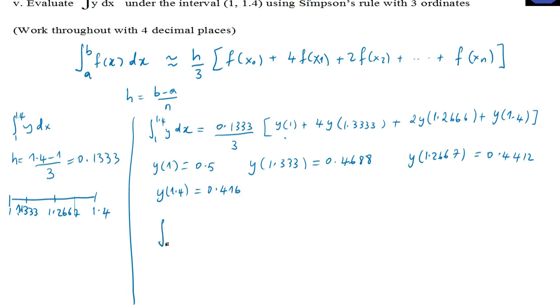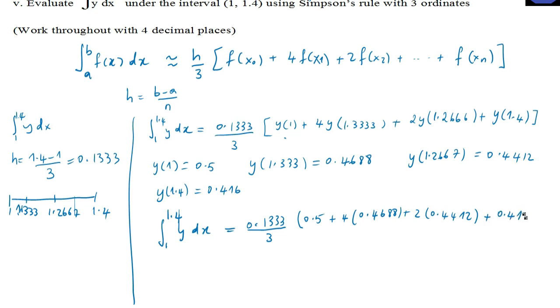So it means that our integral of y dx is 0.1333 divided by 3 into 0.5 plus 4 times 0.4688, plus 2 times 0.4412, plus 0.416.